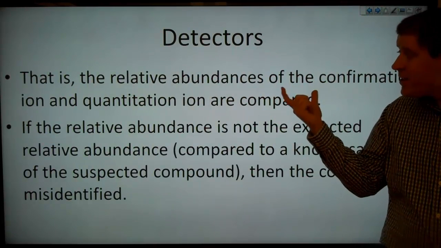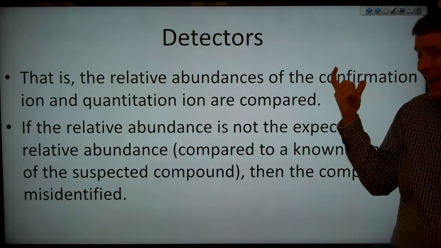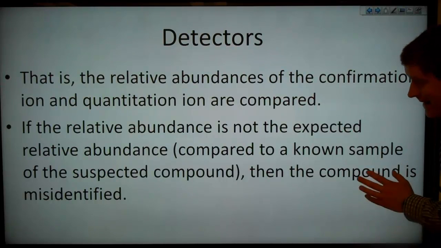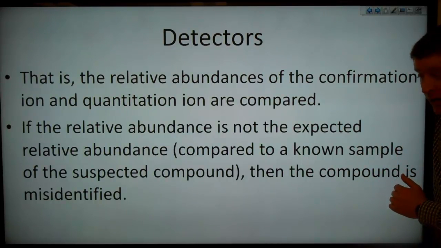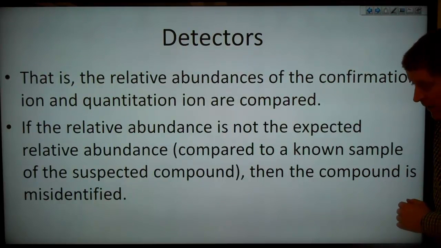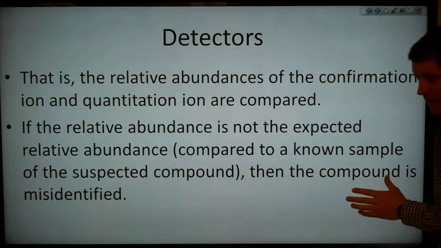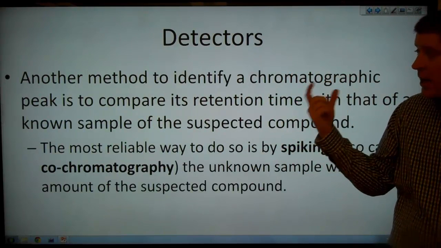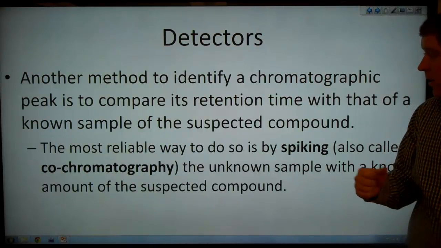That is, the relative abundances of the confirmation ion and the quantitation ion are compared. If the relative abundance is not the expected relative abundance compared to a known sample of the suspected compound, then the compound is misidentified.